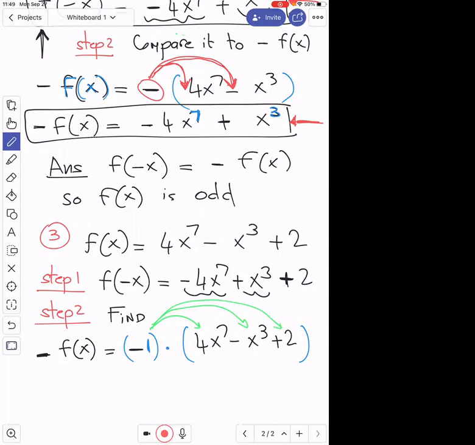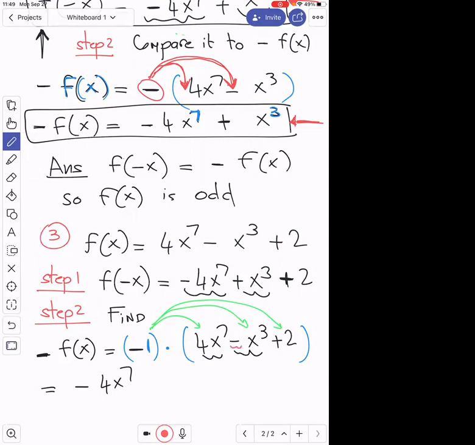So distribute this negative sign, which is the same as multiplying by -1. For the first term, you multiply by -1 and you have minus 4x to the 7. For the second term, minus x cubed, you multiply by -1, so negative times negative is a plus.